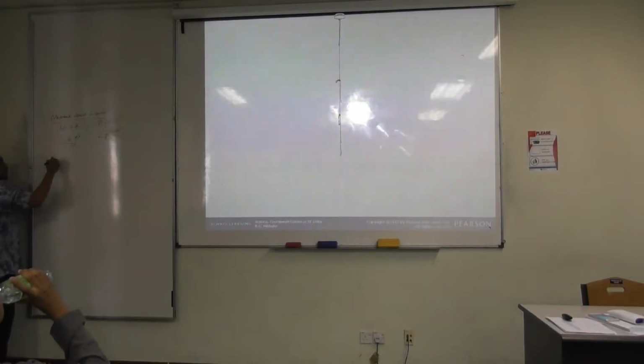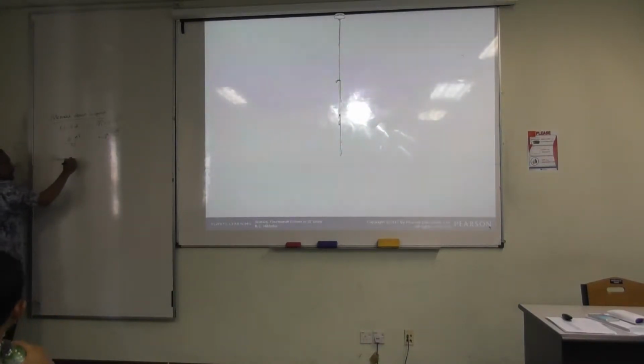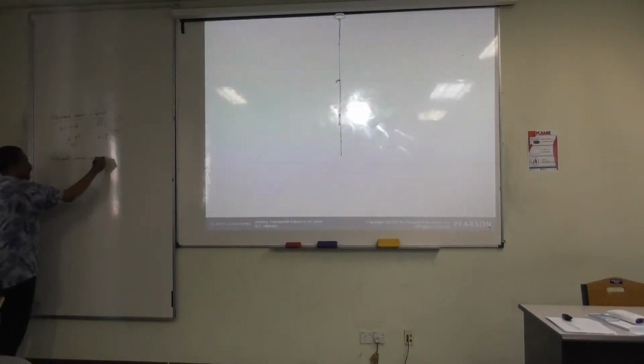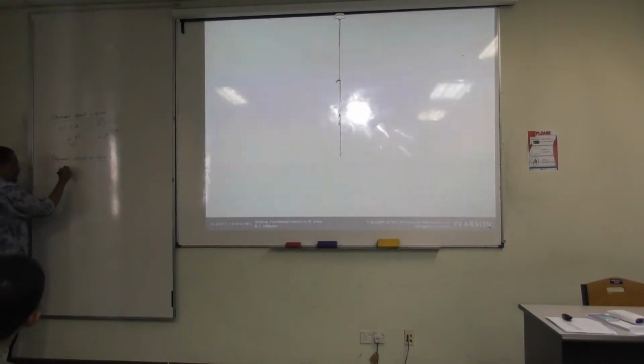Also, we have covered moment about an axis. The scalar equation is still the same, M equals Fd, but of course the axis and the force, so we have to have the distance perpendicular to both the axis and the force.